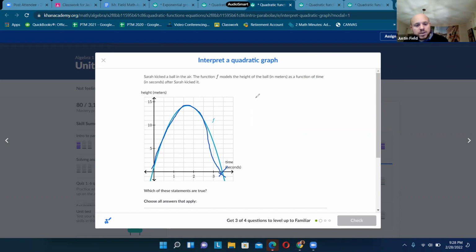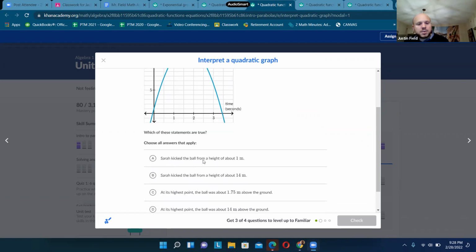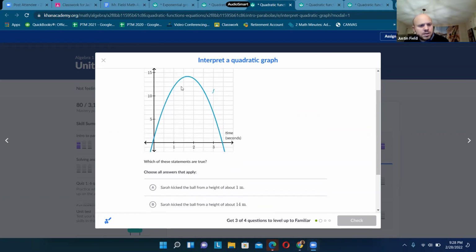Which one of these statements are true? Sarah kicked the ball from a height of 1 meter. Well, where did she initially kick the ball from? Right here, right? So 2, 3, 4, 5. That looks like it's true. All right, so it looks like she did kick it from 1 meter.